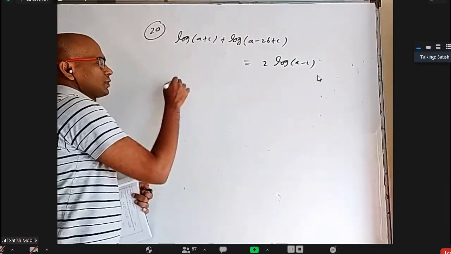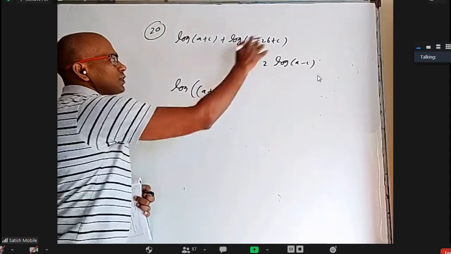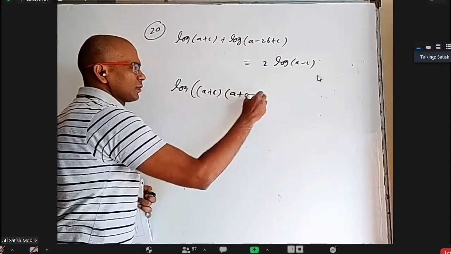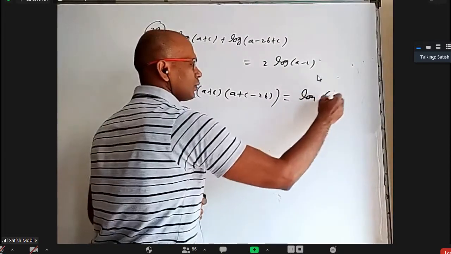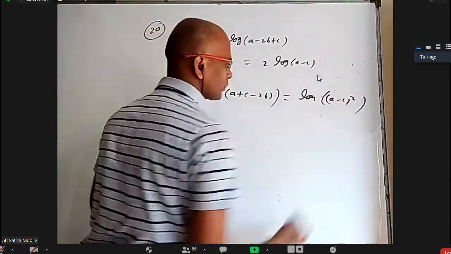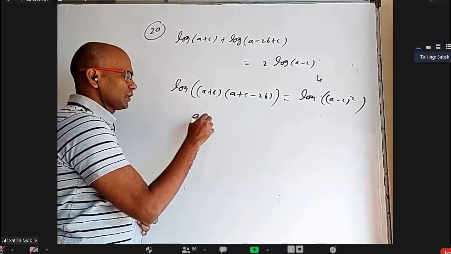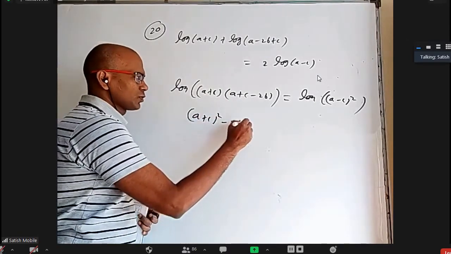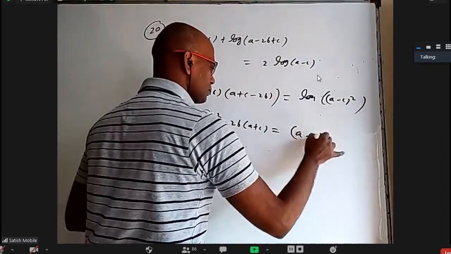Log A plus log B is log AB, so I can multiply. A plus C, this also I want to write as A plus C minus 2B. This 2 I can make a square: log A minus C whole square. Now I can remove the log, and when I multiply these two, I'll get A plus C whole square minus 2B times A plus C. Here I got A minus C whole square.